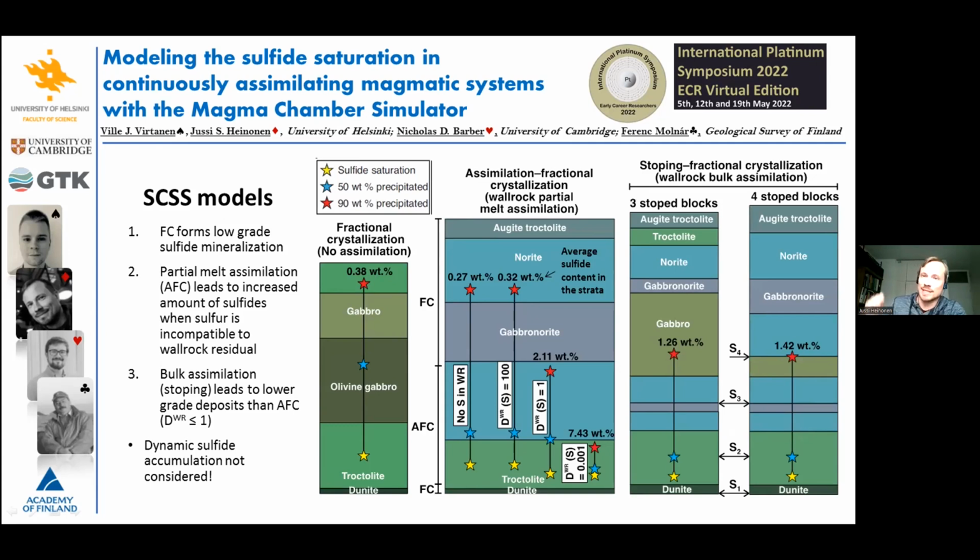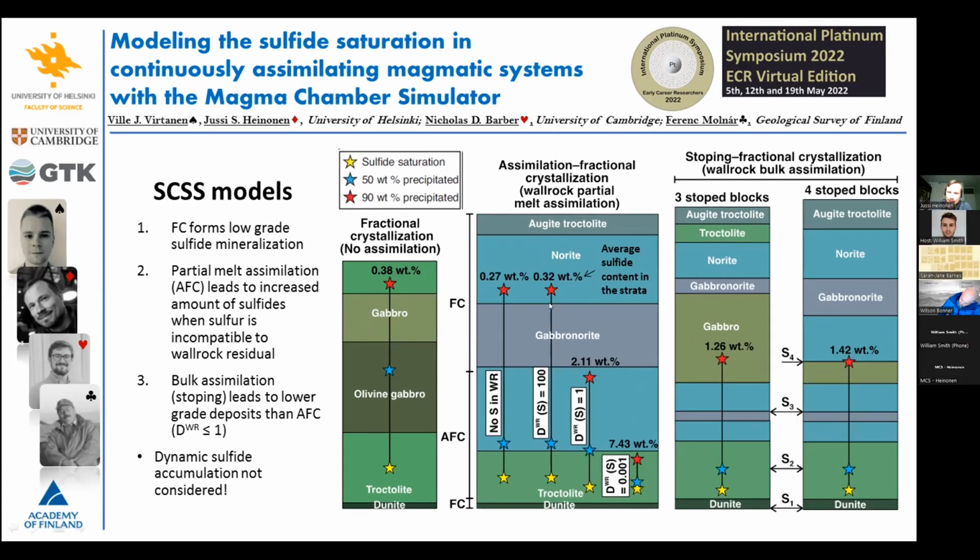It's this disseminated sulfide all around it. Even if there's assimilation taking place without sulfur in the wall rock, or if sulfur is compatible to the wall rock, it looks the same. So not only this disseminated sulfide with not much mass of sulfide present.